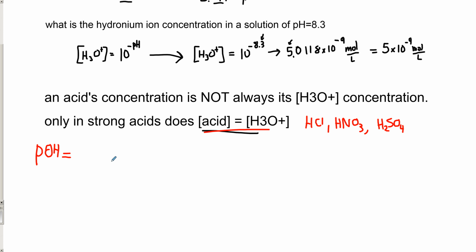So pOH is negative log OH minus. And that means the flip side of it is, if you want to know how much OH is in a solution, that's going to be equal to 10 to the power of negative pOH.